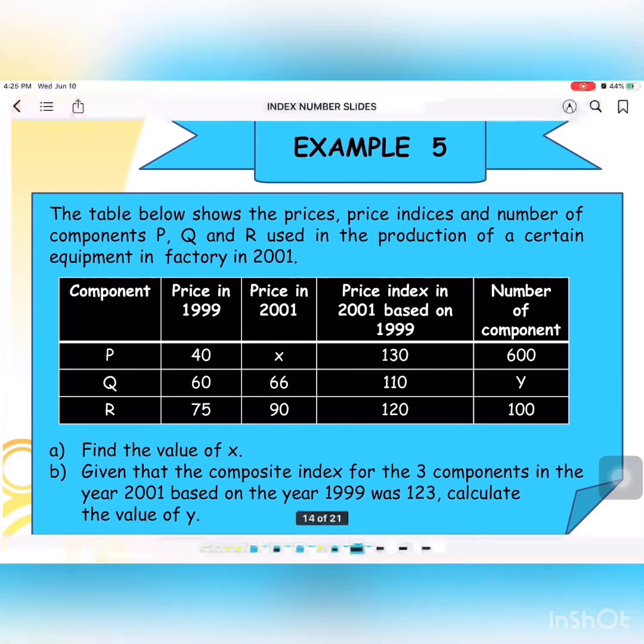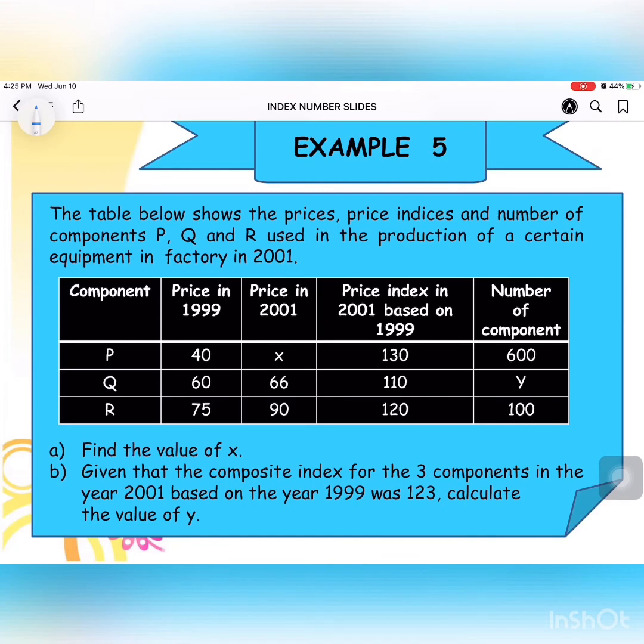So we have three components here, which are P, Q, and R. This is the price in 1999 and this is the price in 2001. You see, there's one missing value, the price in 2001 for component P, but we still have the price index. That's not a problem. That can be solved.